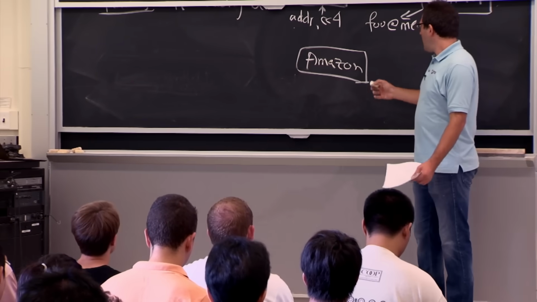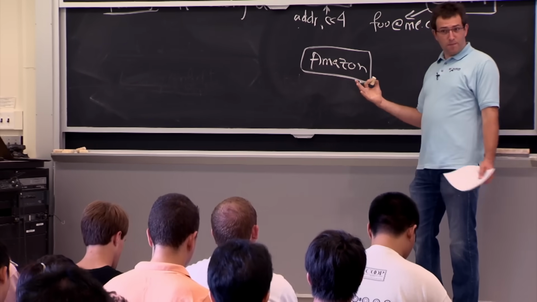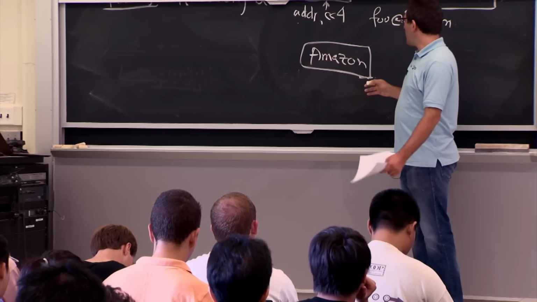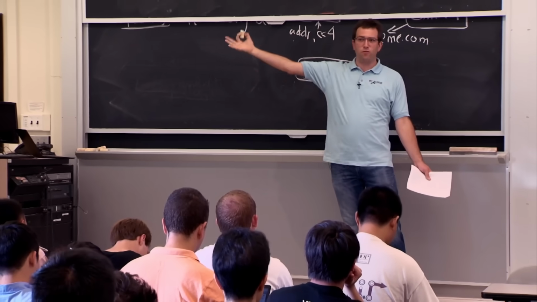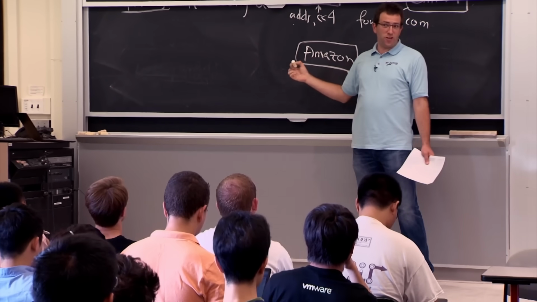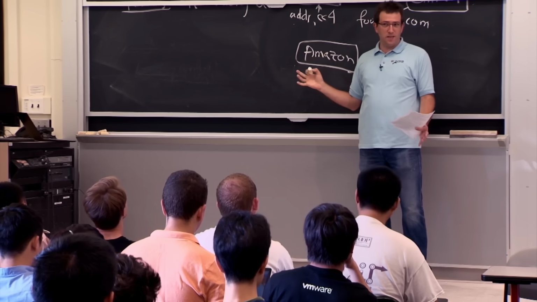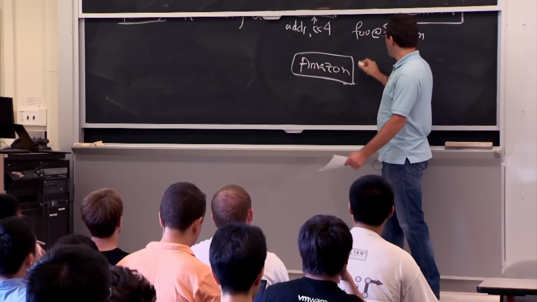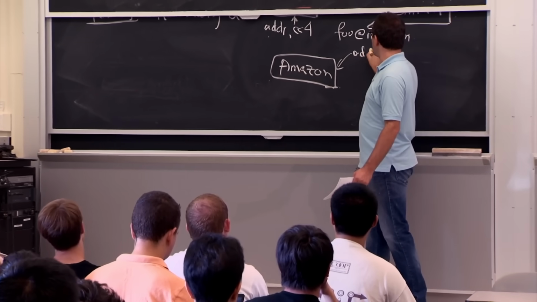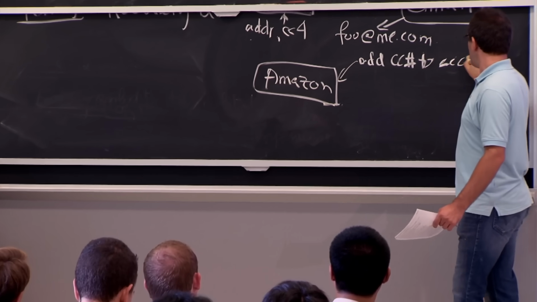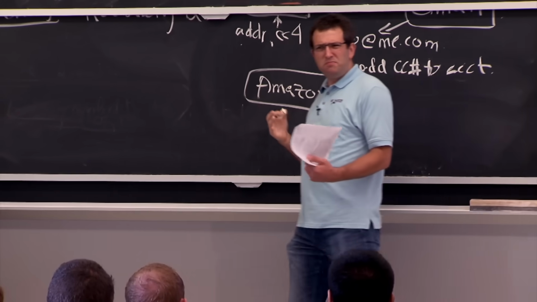So at least at the time, I was able to go on Amazon and say, well, I'm this user, and I want to buy this pack of toothbrushes. And if I wanted to use the saved credit card number in the guy's account, I shouldn't be able to do this. But if I just provide a new credit card, what Amazon would do is actually add a new credit card to some guy's account.